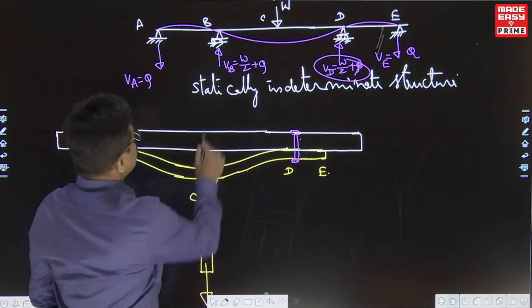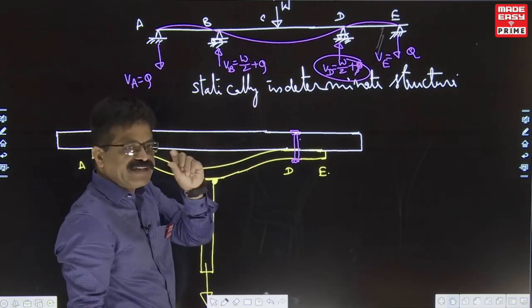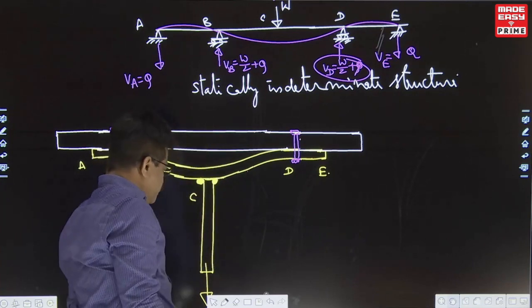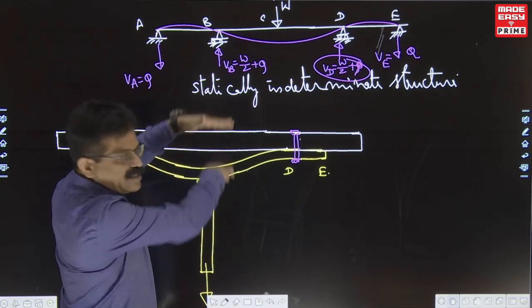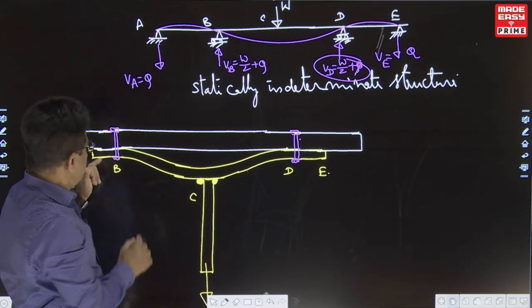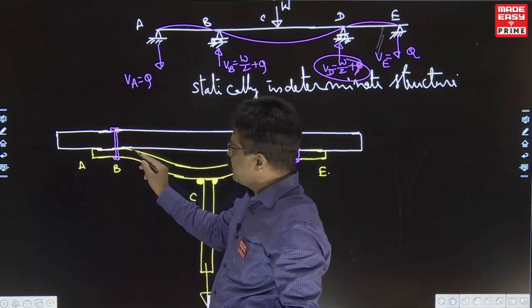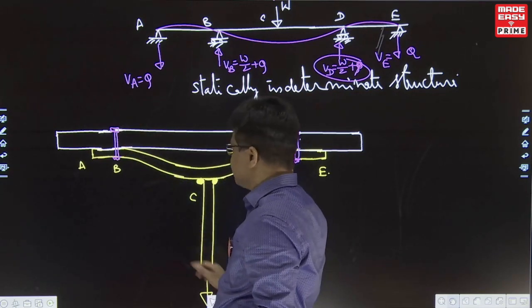Now, if the plate thickness of this connection is less, when I pull it down, it will get separated. If it is not separated, some reaction TE only will develop.